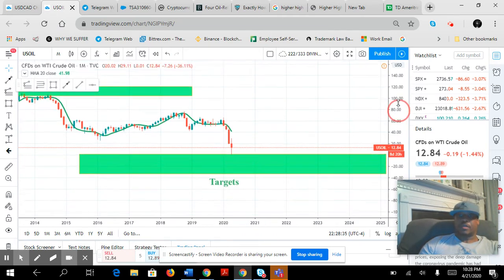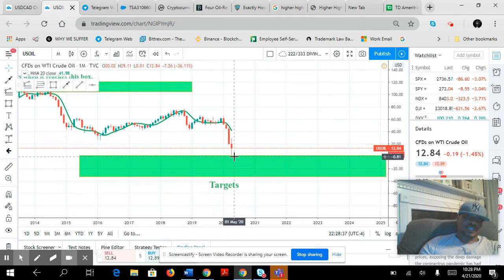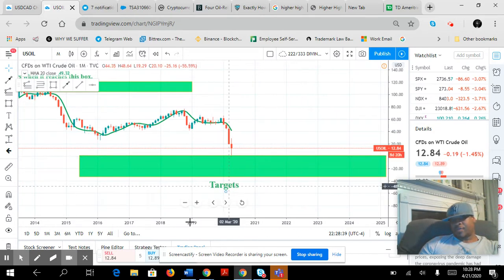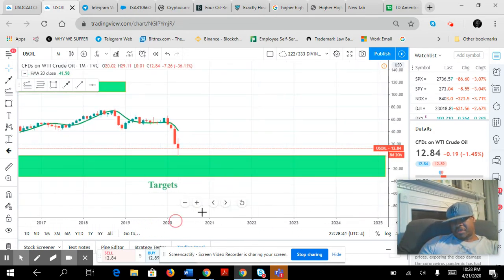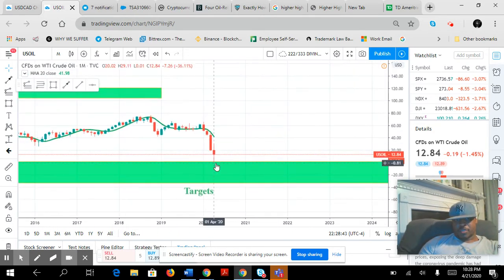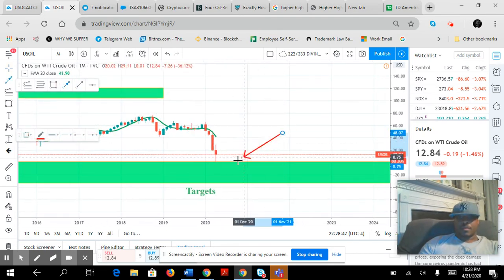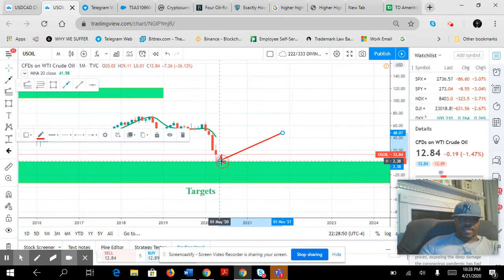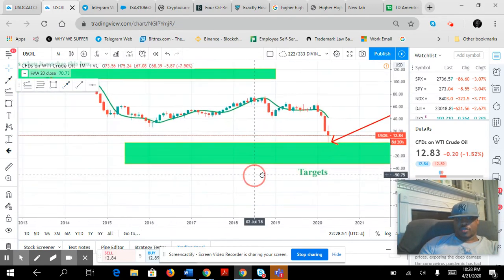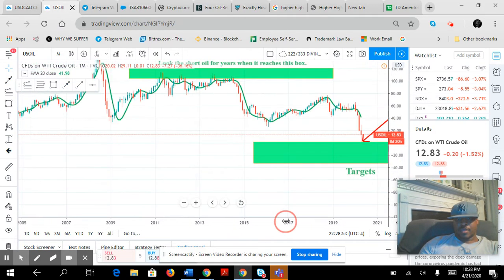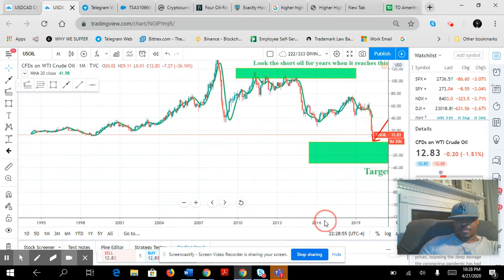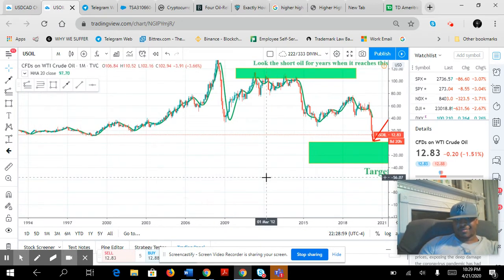Because targets could go lower, but I just want to touch the tip of that green zone. That's all. But look what targets came. Boom. Hit. You just saw us go back in time to what? See it right here? 2009. Where are we now?